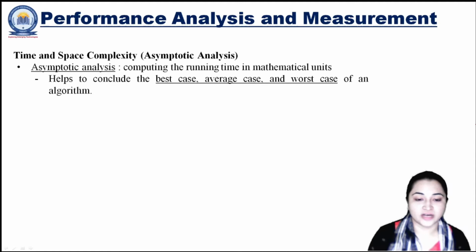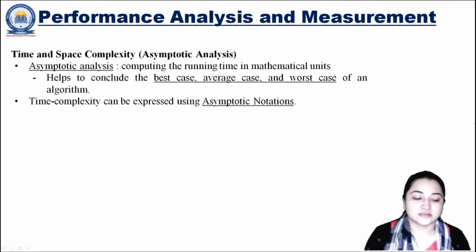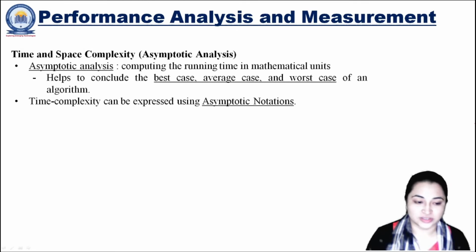If we have a problem statement and more than one algorithm that will solve that problem, then we will analyze these algorithms in terms of best case, average case and worst case. This is how we can measure the performance of a given algorithm. Time complexity can be expressed using asymptotic notations. Space complexity can also be expressed using asymptotic notations.